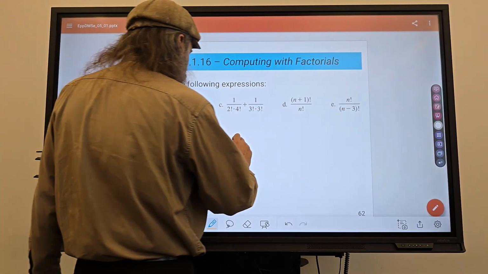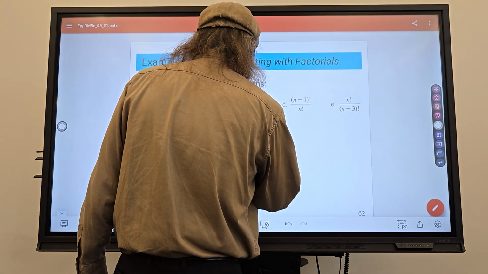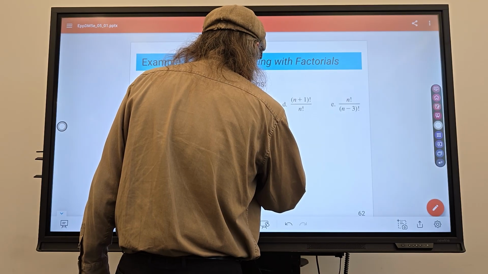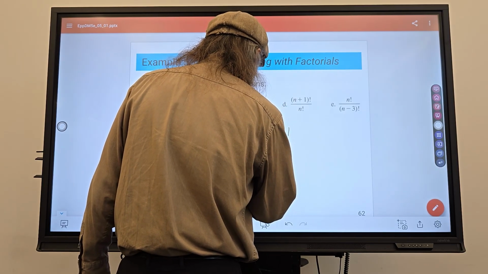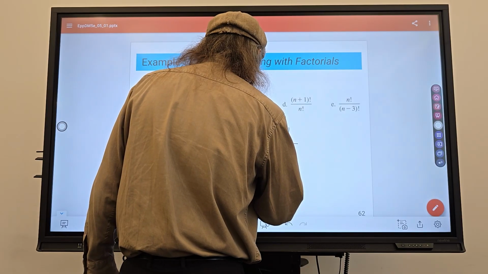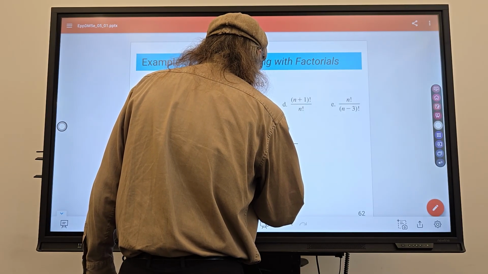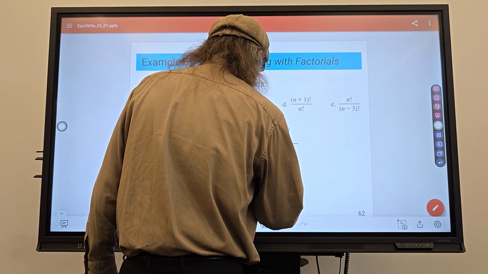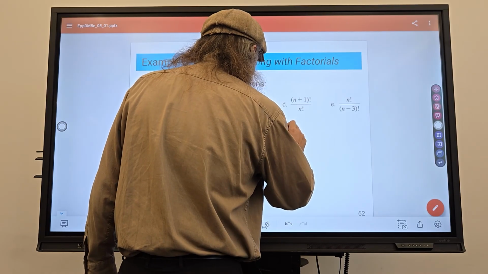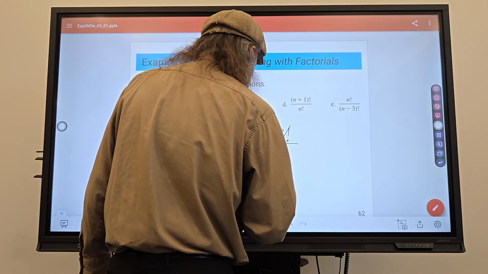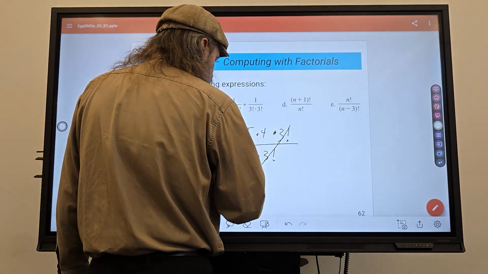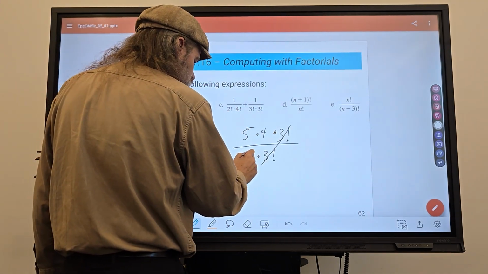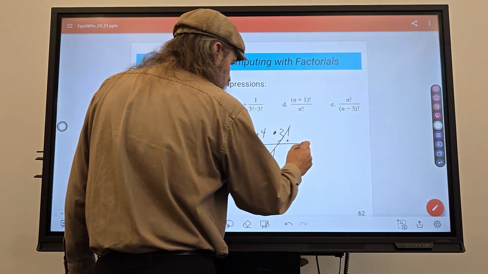5 factorial is 5 times 4 times 3 factorial over 2 times 3 factorial, 2 factorial, sorry. And that cancels that out, which leaves you with 20 divided by 2, which is 10.